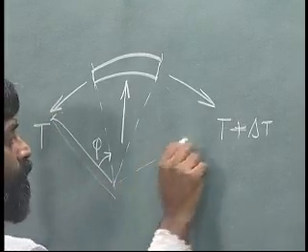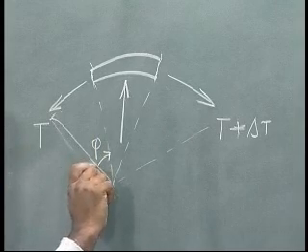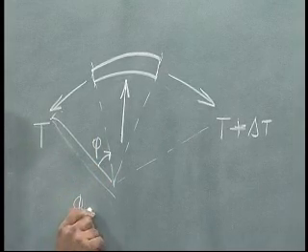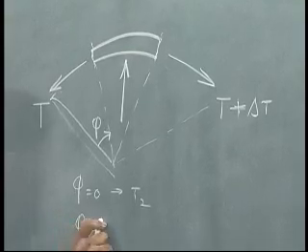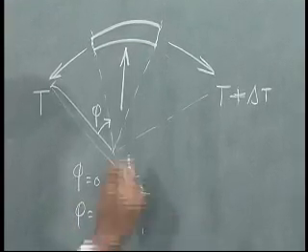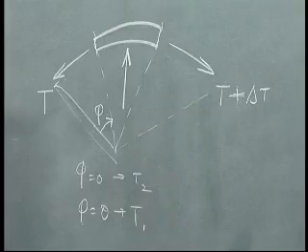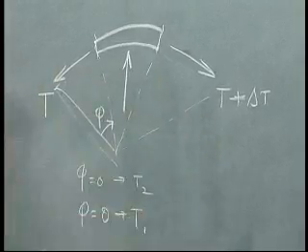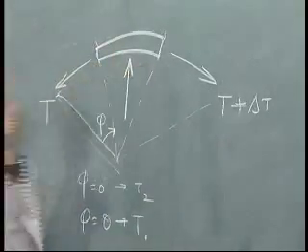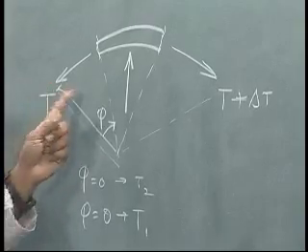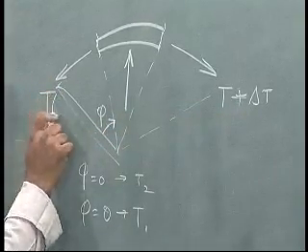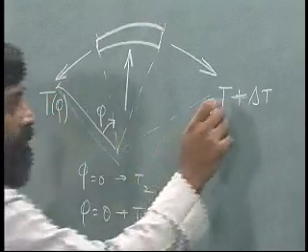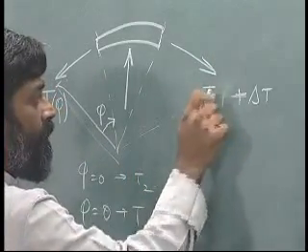Phi will vary from 0, when it is T2, to phi equal to theta, when it is T1. Okay. And I need to find out equilibrium of a portion which is in between, all right. So, there will be a T plus delta T, and I am going to call this T at phi.